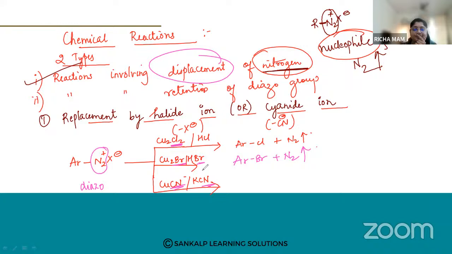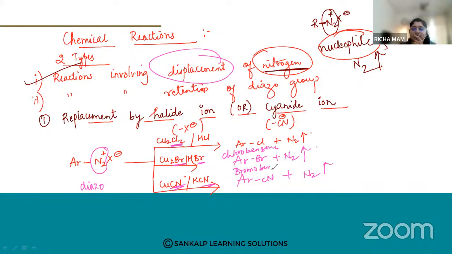Then the third one: ArCN. Yes, very good. So it is ArCN plus N2. So what are these compounds? This is chlorobenzene, this is bromobenzene.